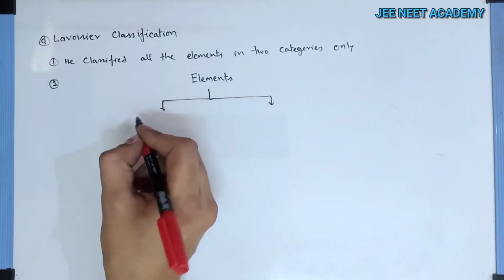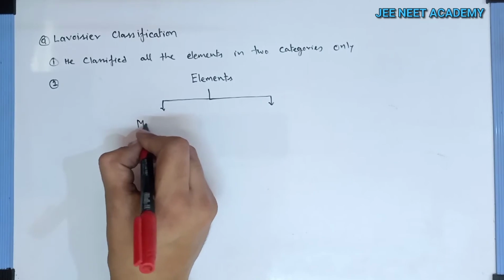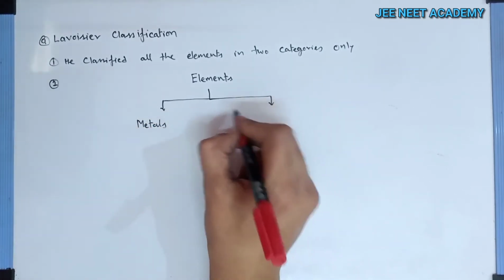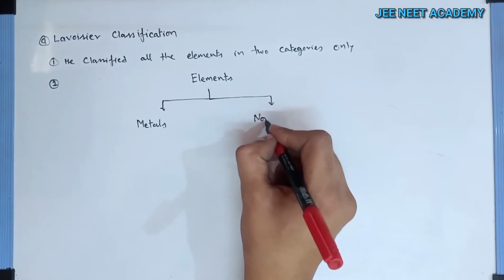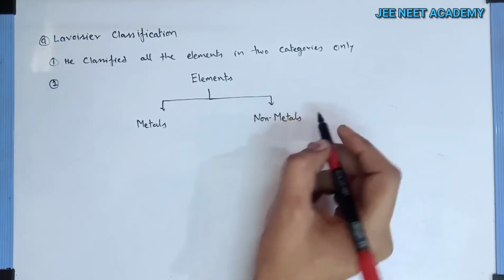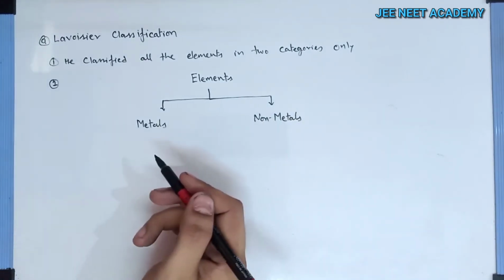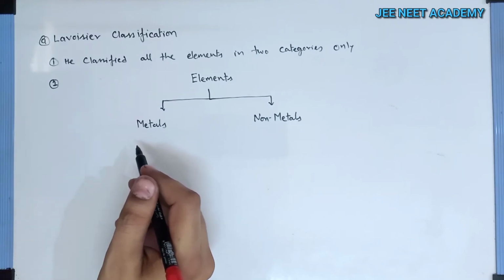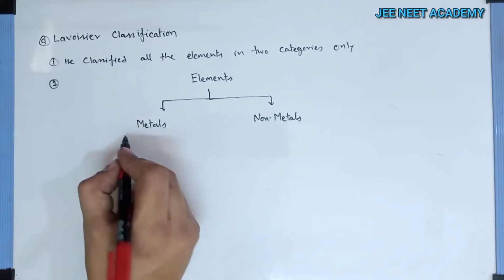In elements, first classification is metal, and then second non-metals. He explained that metals, all the electropositive elements are metals.